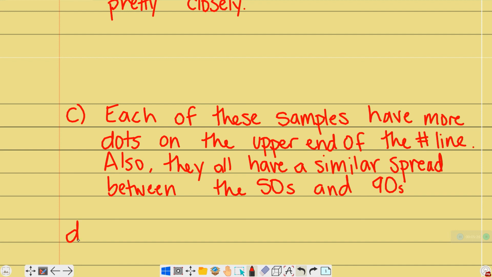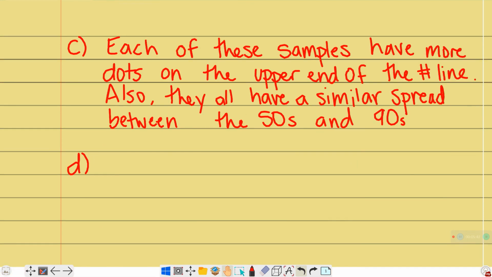D asks, what do you observe about the sample distributions as the size increases? So comparing the sample size of 10, that top dot plot, to the sample size of 50, what do you observe?